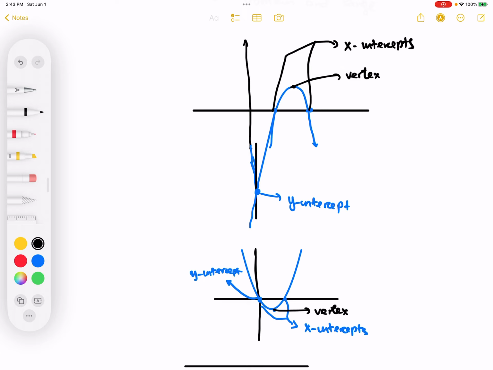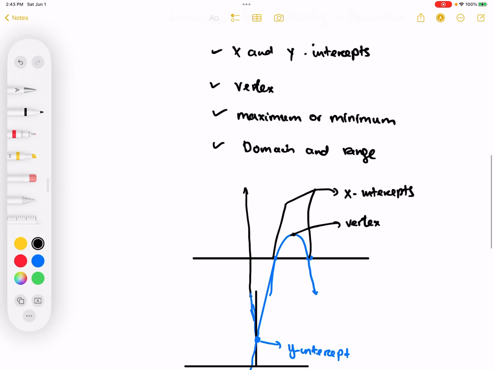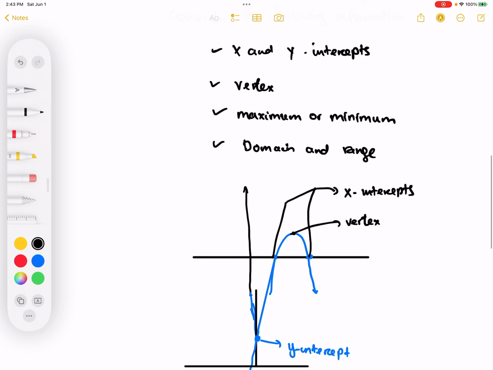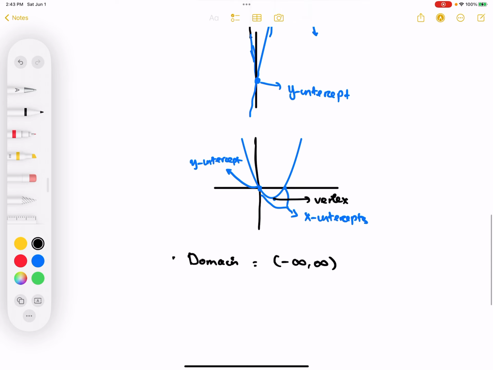So when you are dealing with a quadratic function, you need to find the x and y intercepts, the vertex, the maximum or minimum point, the domain, and the range. Simply, the domain of any quadratic function is the set of all real numbers. So quadratic functions are defined for the set of all real numbers. However, the range is defined based on the maximum or minimum point.